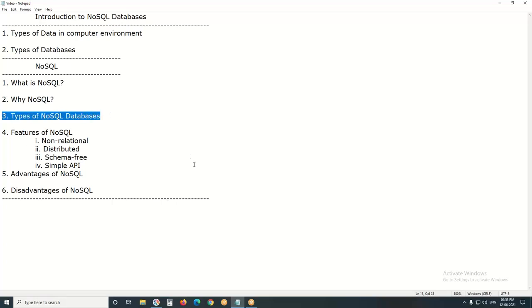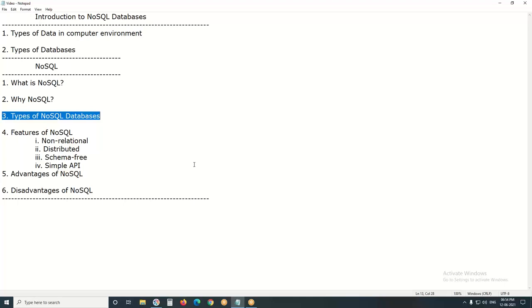Next, types of NoSQL databases. We have four main types of NoSQL databases. First one, document databases. SQL databases are relational databases, a single type: Oracle, MS SQL Server, Sybase, DB2, MySQL, etc. But we have four types of NoSQL databases.